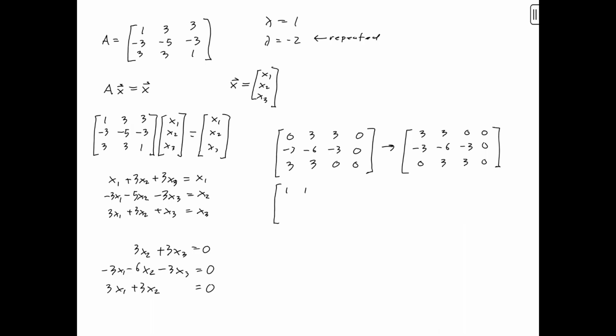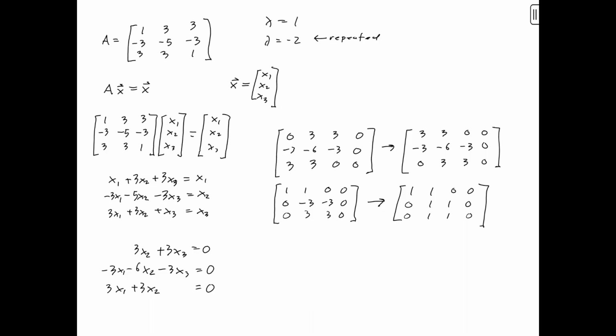So that gives me 1, 1, 0, 0 in the first row. In the second row, it gives me 0, negative 3, negative 3, 0, and 0, 3, 3, 0. Now I'm going to multiply the second and third row by negative 1/3 and 1/3, which gives me 1, 1, 0, 0, 0, 1, 1, 0, and 0, 1, 1, 0.